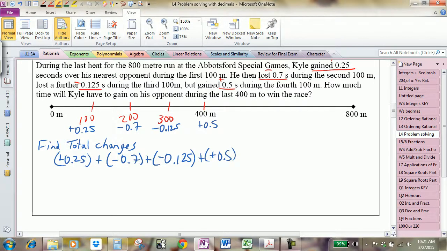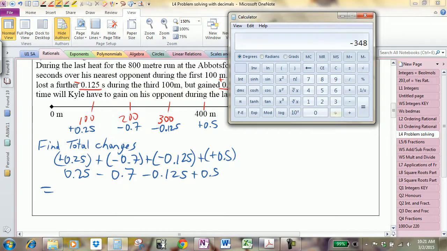And I'm glad that you're seeing that. That's good. So you might be fixing your sign in one step. And I've got no problem with that. So there's my total change.